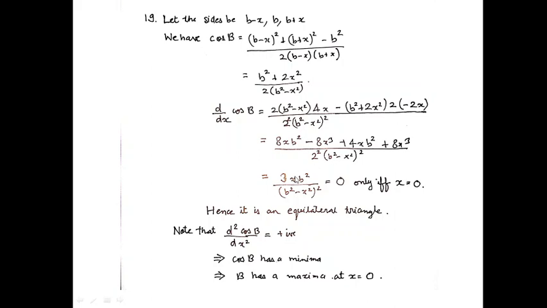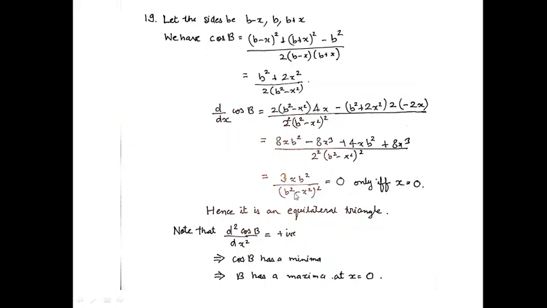Okay, then this 8x cubed and 8x cubed get cancelled out, and you have 12xb square by 4, that is 3xb square by b square minus x square equals 0, only and only if x equals 0.